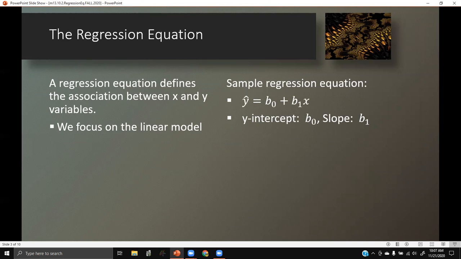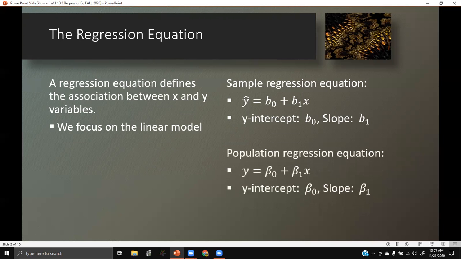Things have been changed around and renamed, but at the end of the day, the y-intercept is b naught and the slope is b1. Now, it's important to remember that your sample is really just an approximation of a population parameter. In this particular case, we have a population regression equation that we're trying to essentially estimate with the y hat equals b naught plus b1x.